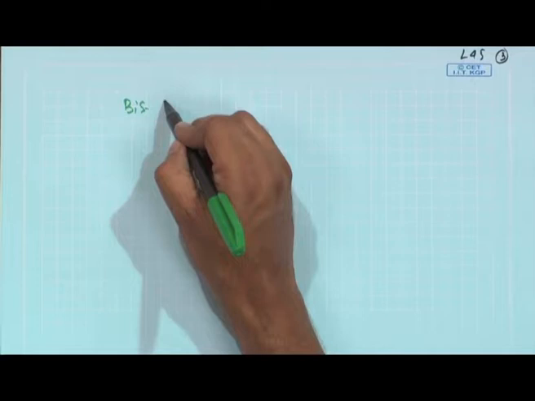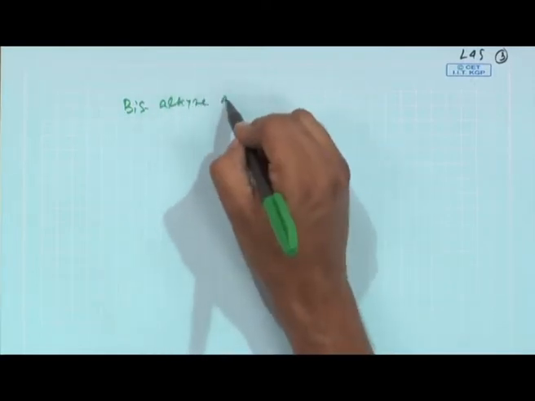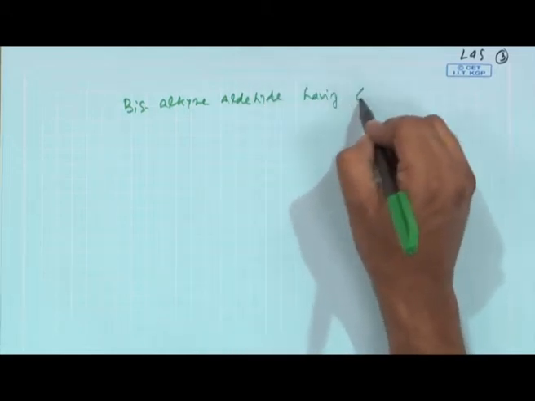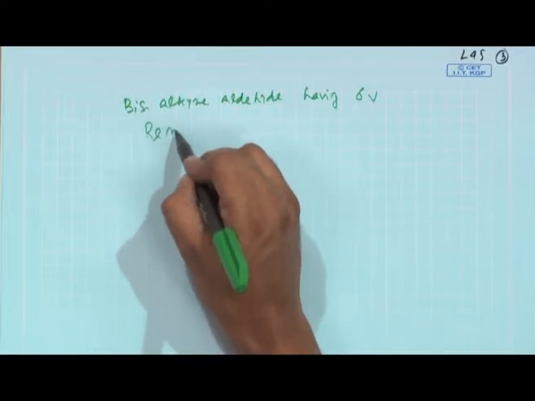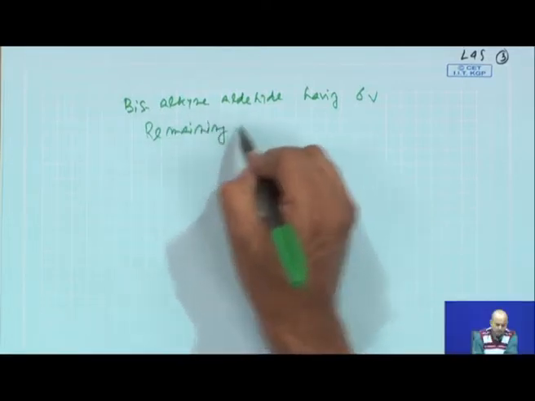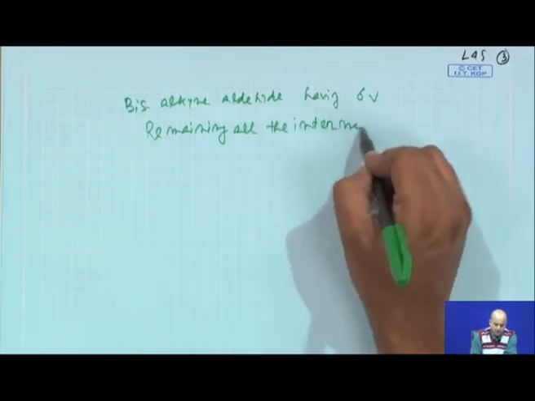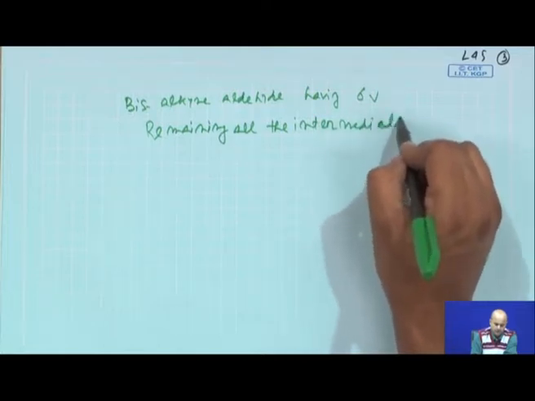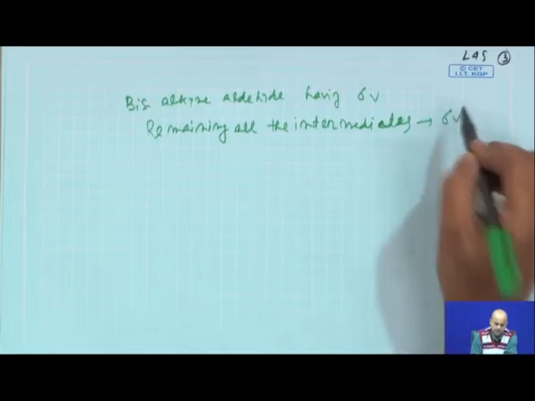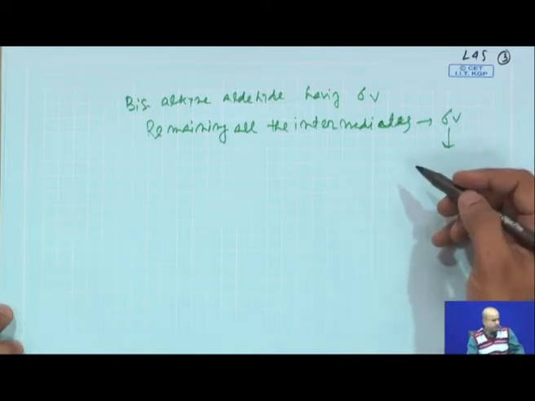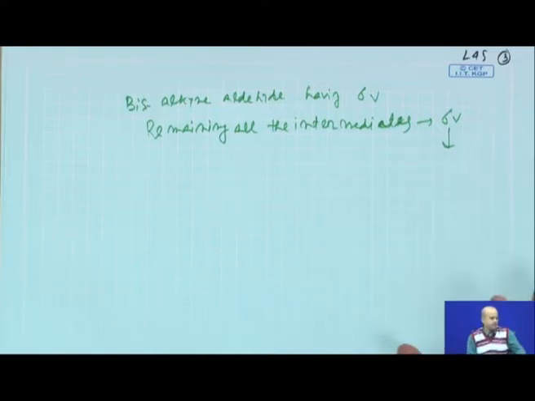You see initially that base alkyne aldehyde is having the sigma V, and remaining all the intermediates are having sigma V. So, sigma V was basically maintained throughout the pathway, that is why we called maintenance of symmetry is absolutely important, and that also gives you a good guideline on how you can make your entire pathway.